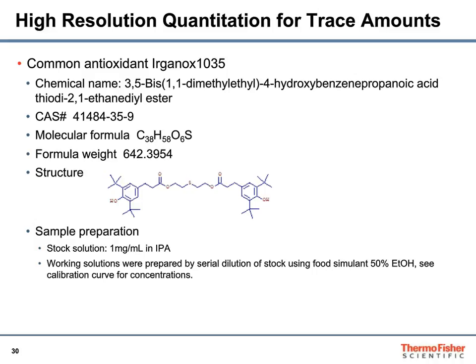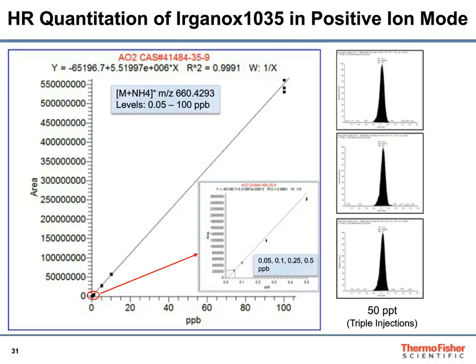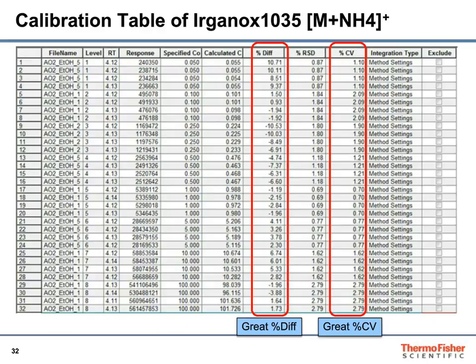We were able to get a very good linearity. And normally, this is the regulation, I think in the ppb level, but in this particular case, we were able to get 50 ppt, 0.05 ppb. And this slide shows the accuracy and the precision, and so it's pretty good.